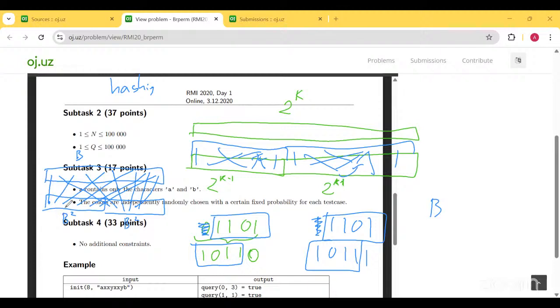So if the base is p square, it means it is multiplied by p to the 0, p square, p to the 4, p to the 6, p to the 8, and so on. And also for this: 0, p square, p to the 4, p to the 6, and so on. So this is 1, p to the 0, right?